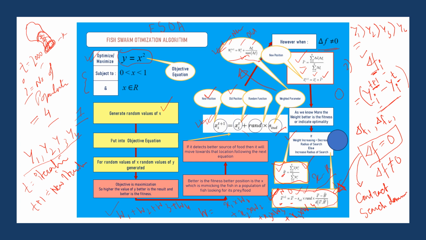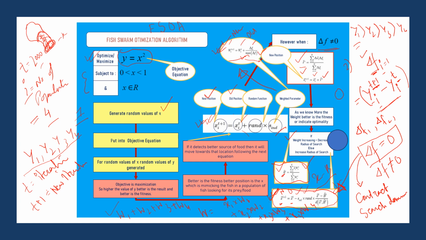And then this del f is compared for each of the population, because for i equal to 1 there will be one del f, for i equal to 2 there will be another del f, for i equal to 3 there will be another, for i equal to 4 there will be another. So in total there will be 4 del f's. Among these 4 del f, as this is a maximization problem, you will identify the maximum value of del f and put it into this denominator.